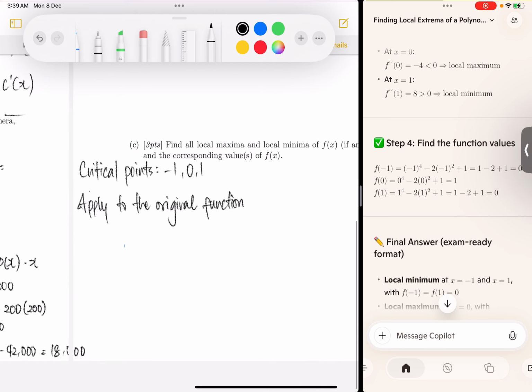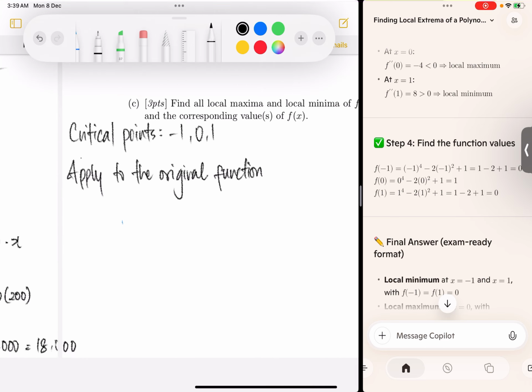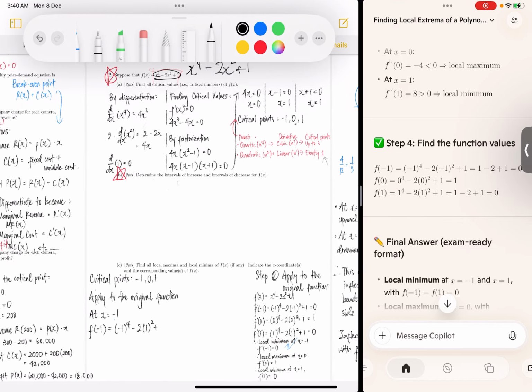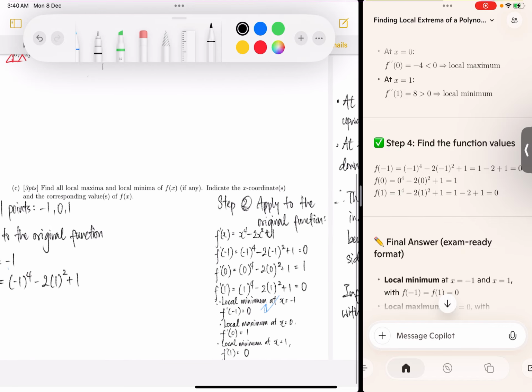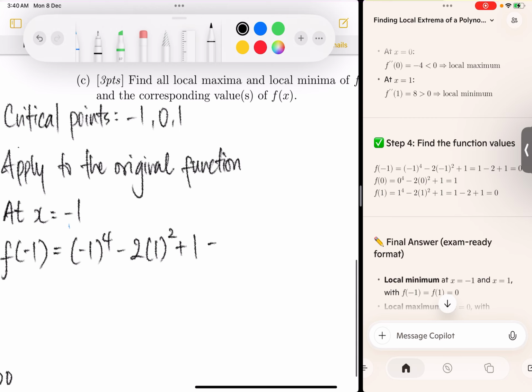Then at x equals -1, it will become f(-1) equals (-1)^4 minus 2(-1)^2 plus 1. And then from here we can see that it equals 0.